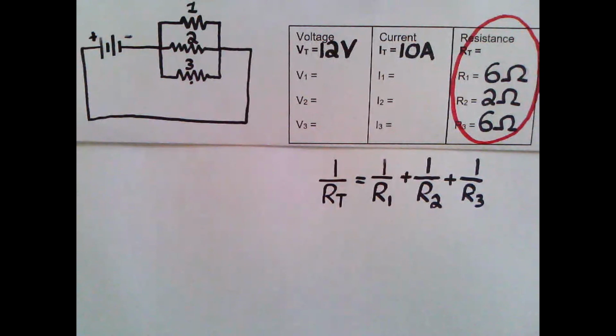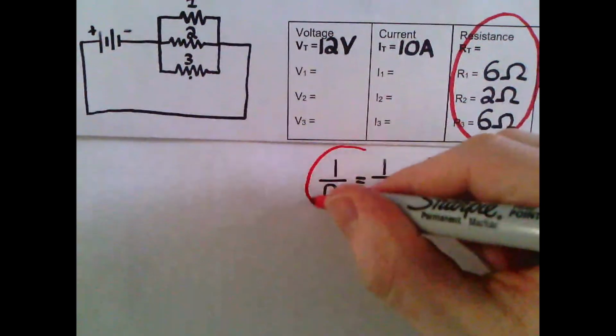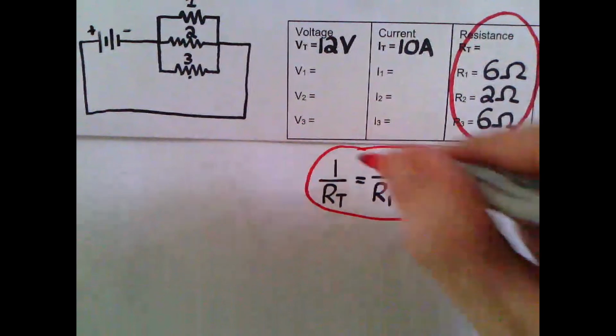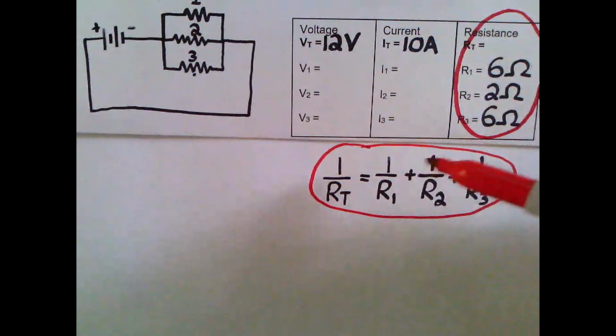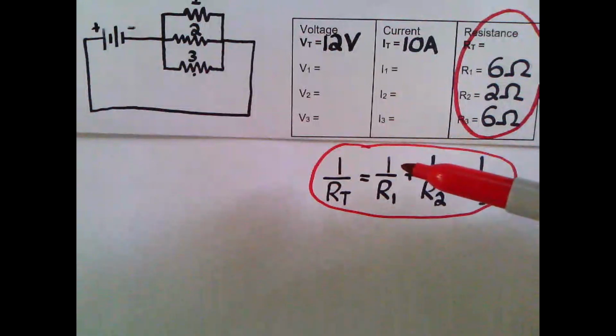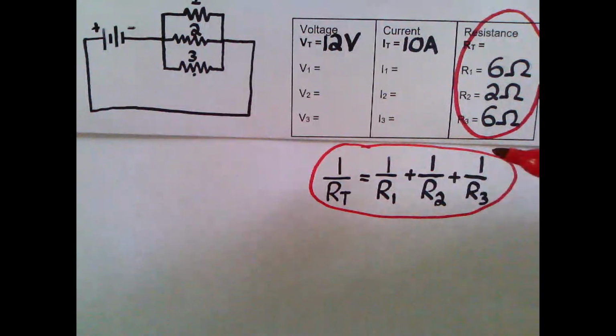Okay, so this last part of the video is for those who are very, very curious how to use this formula here. This was the last of the Kirchhoff's laws for parallel. It says that 1 over RT equals all the other ones added together, but it's kind of strange because it's 1 over R1, 1 over R2, 1 over R3.